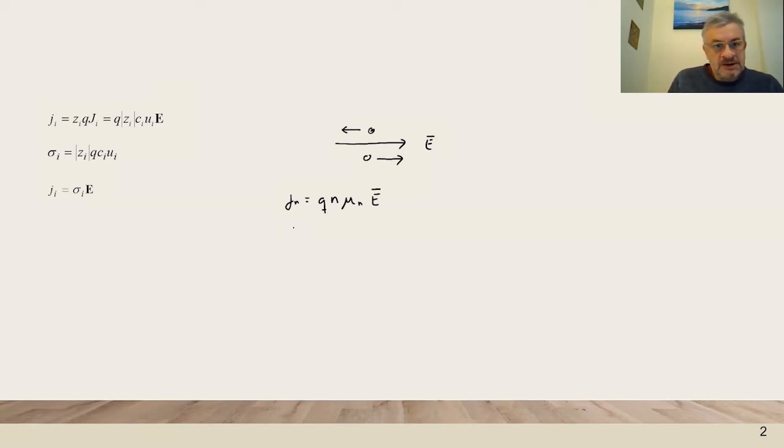Another important quantity is the conductivity. This is the product of the electrical charge, the density, and the mobility, so that the electron current is going to be the conductivity times the electrical field. For holes, we have similar expressions.